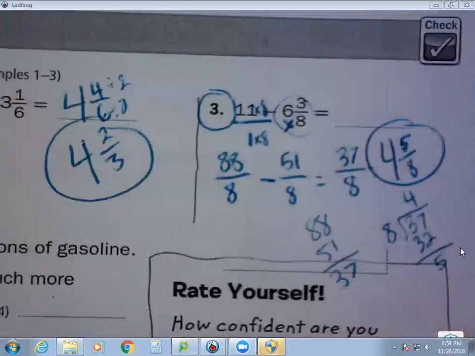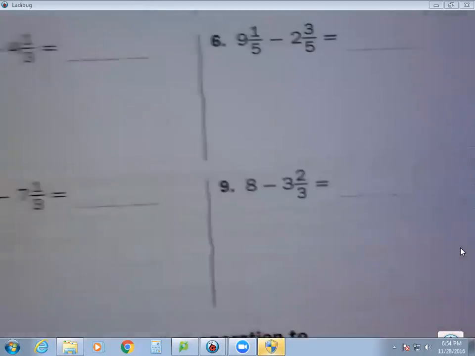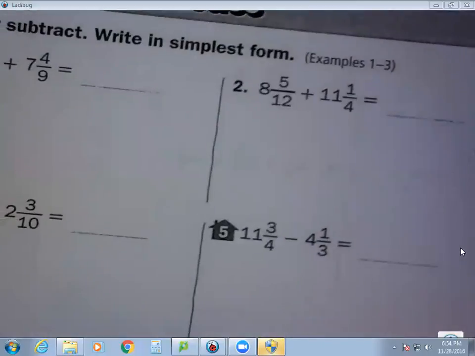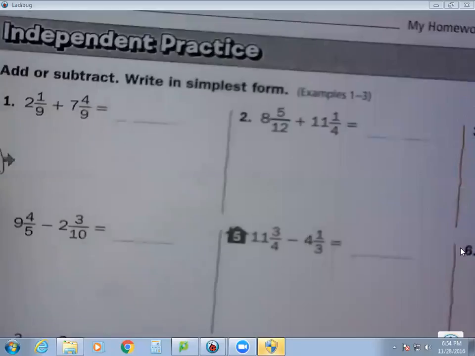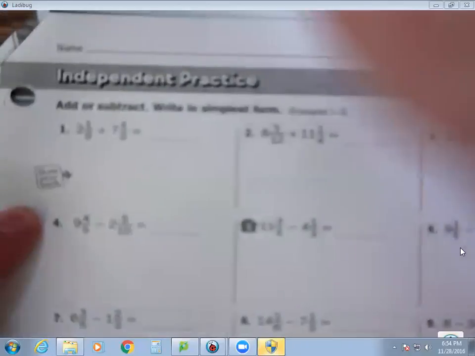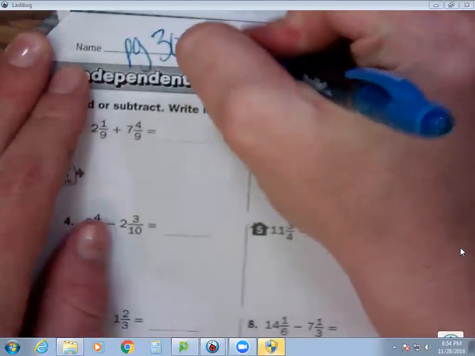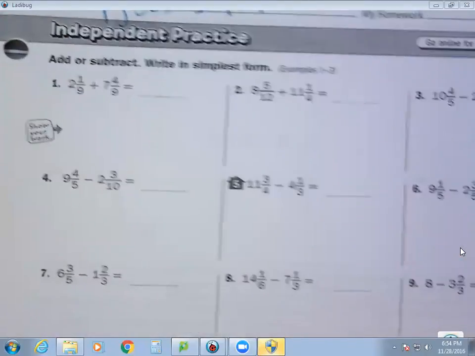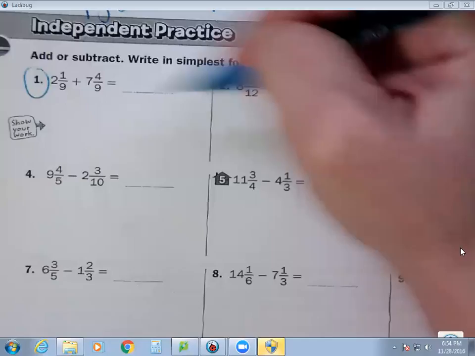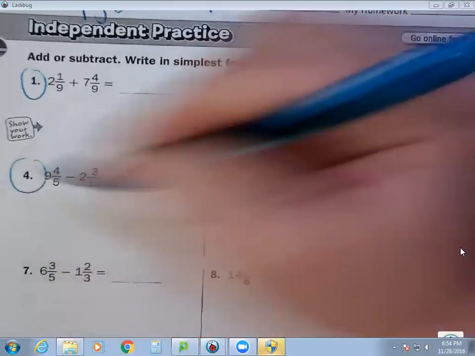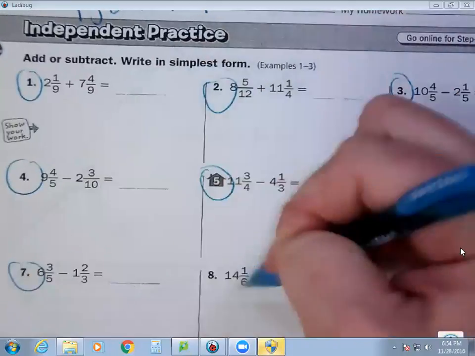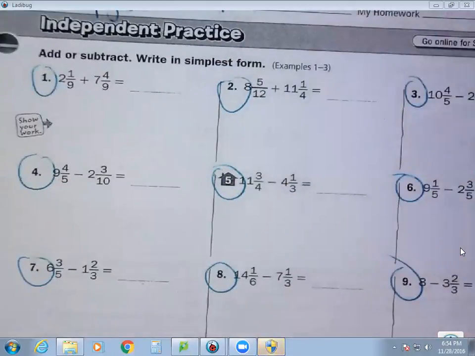All right, here's what your homework is. Your homework is going to be on this back page here, 303. You're going to do page 303, numbers 1 through 9. That's right, I just want you to do the top part. 1, 2, 3, 4, 5, 6, 7, 8, 9. I want you to work on those.